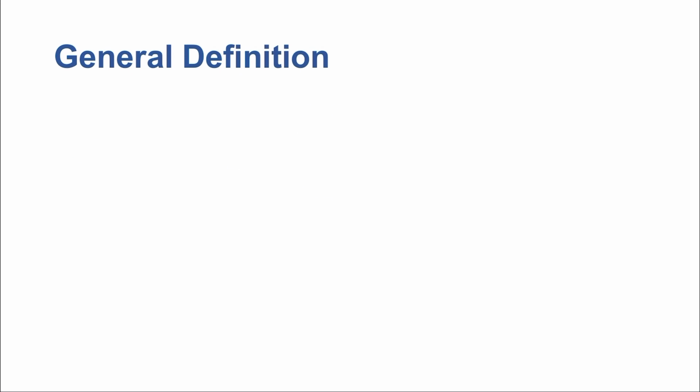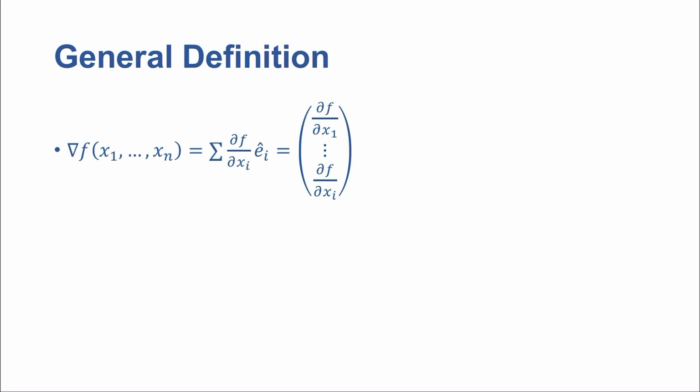Now let's bring this up to multiple variables. If I have a function of n variables, I want to take nabla f of x sub 1 all the way to x sub n, then that's equal to the sum over i of partial f partial x_i times e hat sub i. e hat sub 1 could be the x basis vector, i hat, e hat sub 2 could be the j basis vector, and then e hat sub 3 could be the k hat basis vector, and so on and so forth.